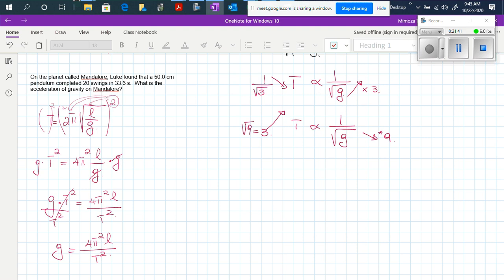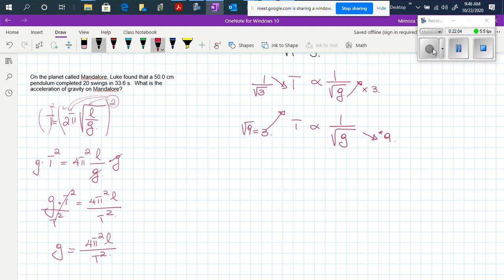Okay, so now do we know what is the period of this particular pendulum? Do we know the time that it needs to complete one complete swing in this case? Please answer in the chat and tell me what it is. So the problem is telling us the time for 20 swings.